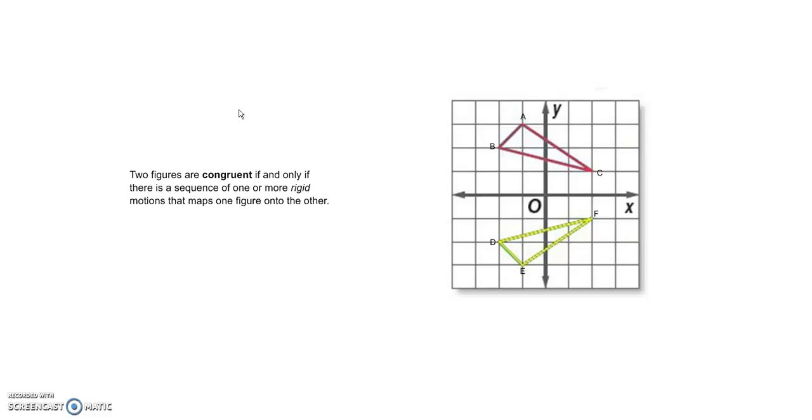So what we're saying in this section is that two figures are congruent if and only if there's a sequence of one or more rigid motions that maps one figure onto another.